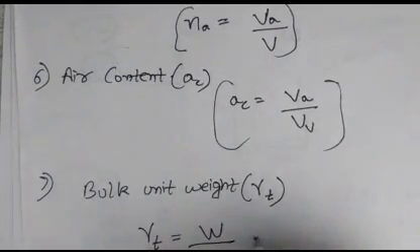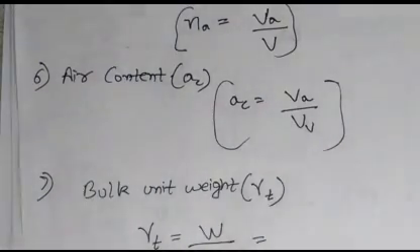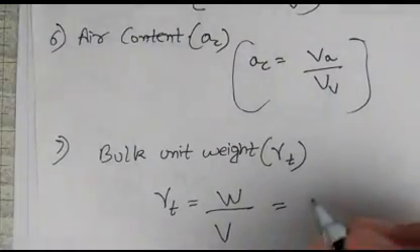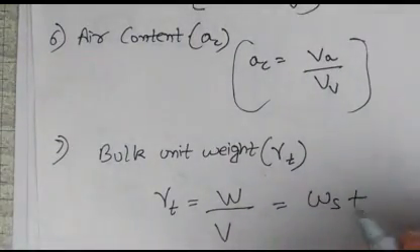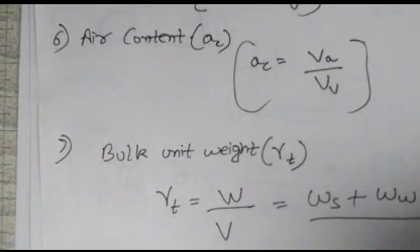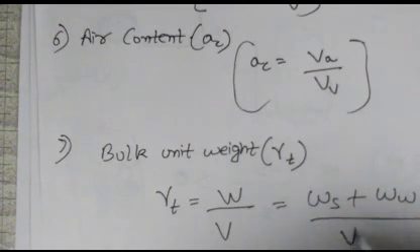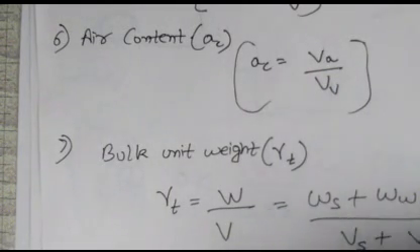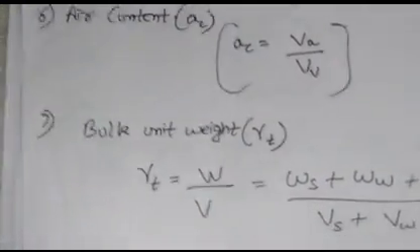So what is the weight for me? Weight will be Ws, weight of solids, plus weight of water. Weight of air is approximately equal to 0. And we have total volume, volume of solids plus volume of water plus volume of air. Air will have a volume.